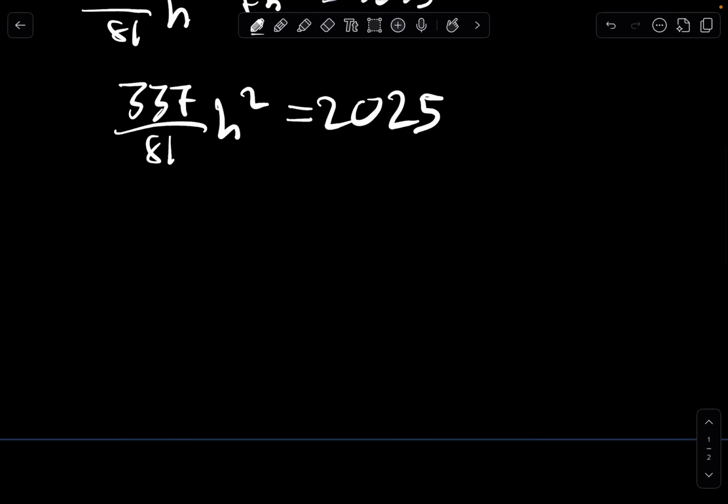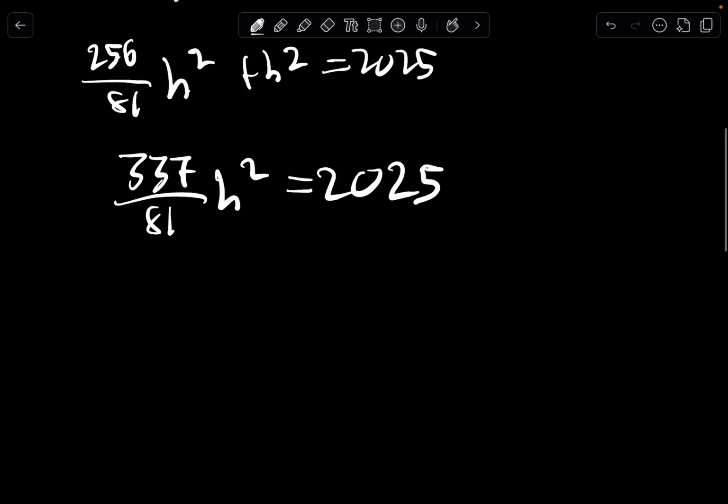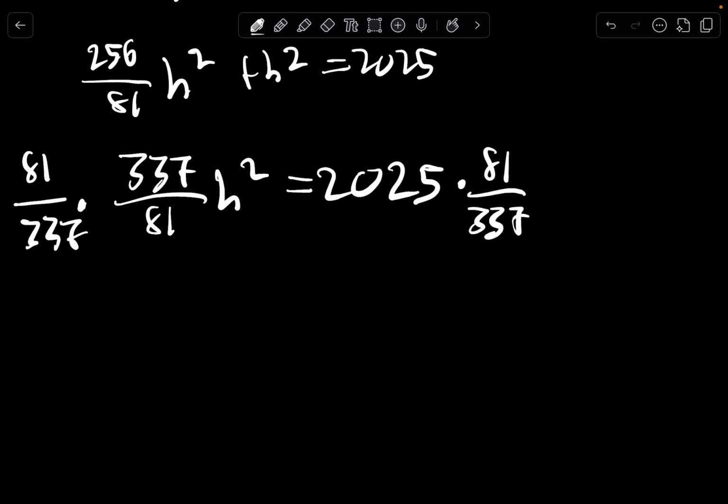And what we can do is multiply both sides by the reciprocal of this. By this point, it's gonna be preferable to use a computer calculator, like Mathway, because it's just easier that way. So 2025 times 81/337, right?